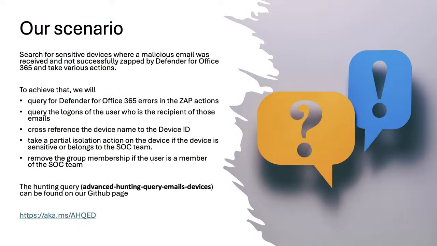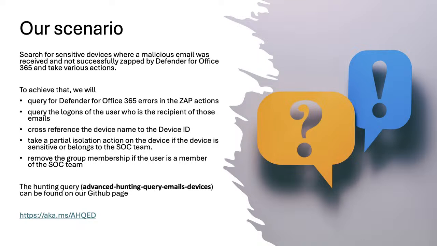To achieve that, first of all, we will run a hunting query to look for ZAP actions that were not successful in Microsoft Defender for Office. Then we will combine that information with the logons of the users who are the recipients of these emails. Then we're going to cross-reference those user accounts to the devices that they are using.